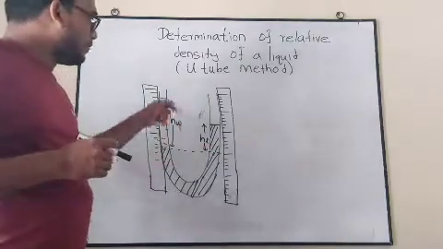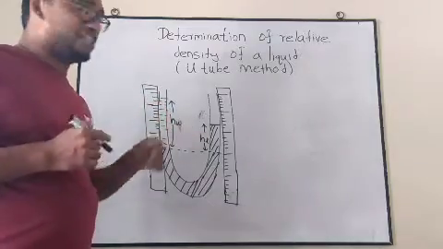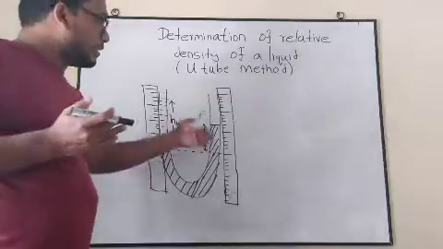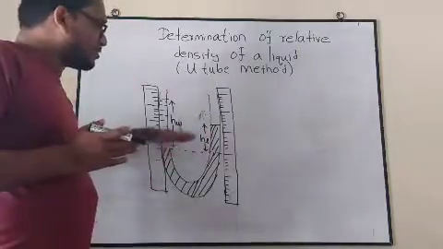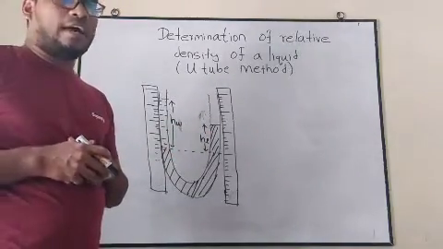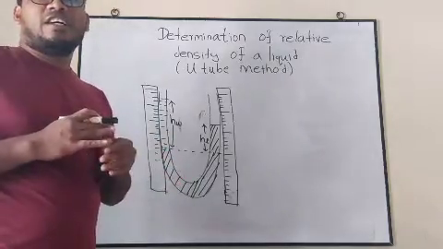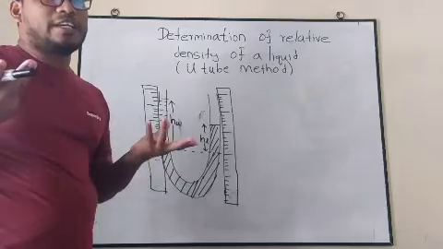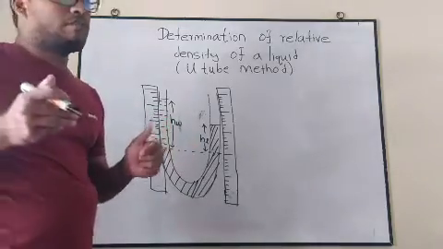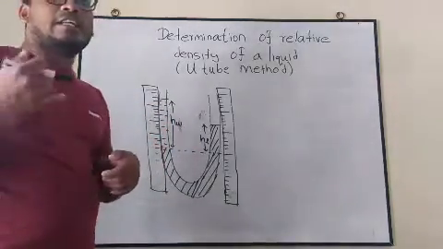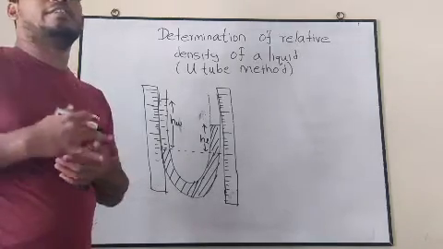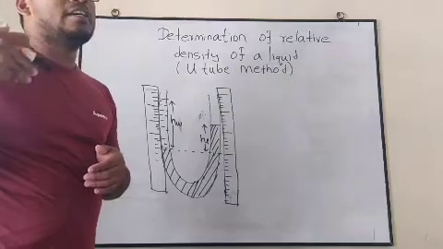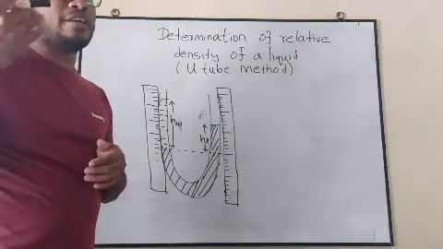If you add more of the denser liquid, the common interface is raised by some height and it doesn't make any change in the liquid column, so we can't get a different value. That's why we have to add the less dense liquid, to get a different reading.